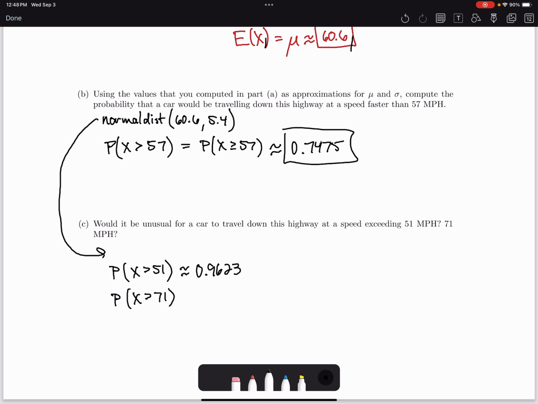No, obviously not. So this is not unusual. Actually, let me give my reason. It's not unusual because it's more than 0.05. So this is not unusual.